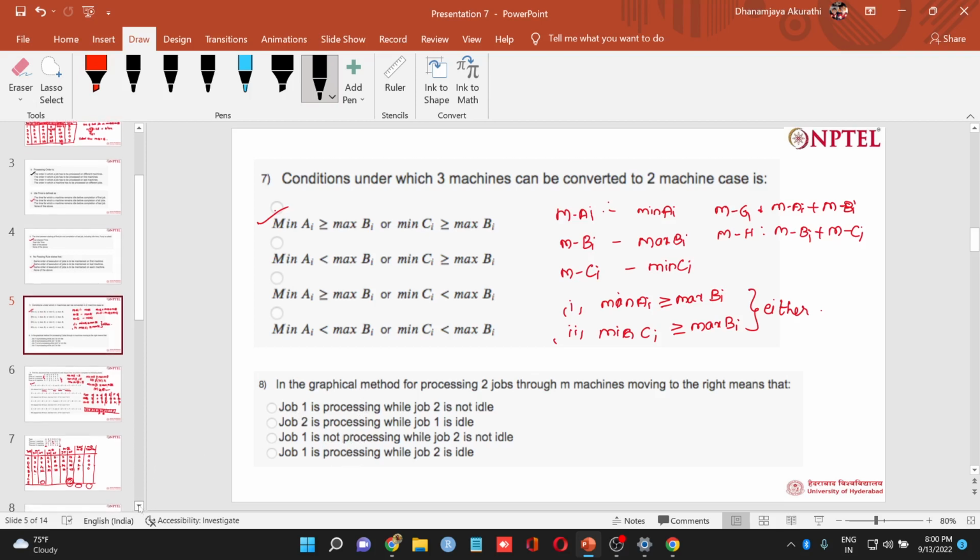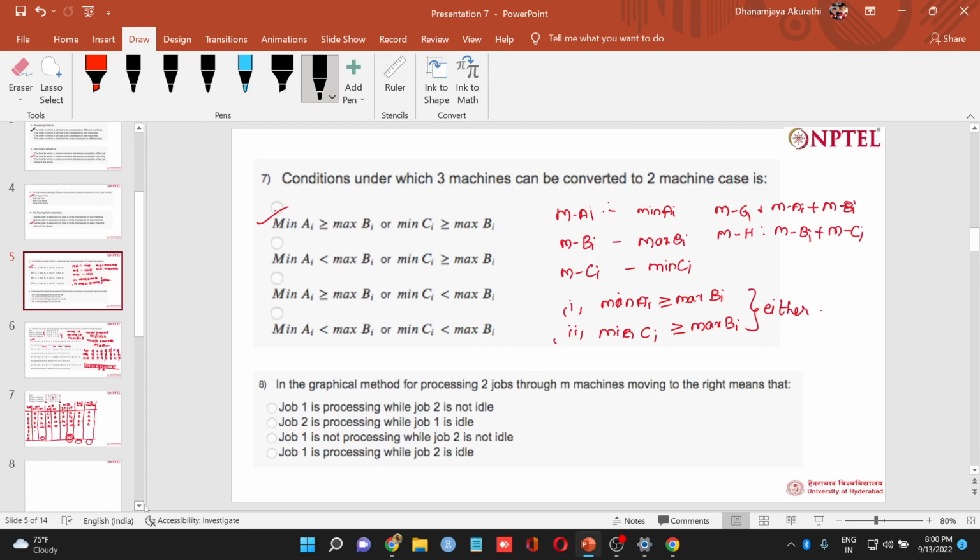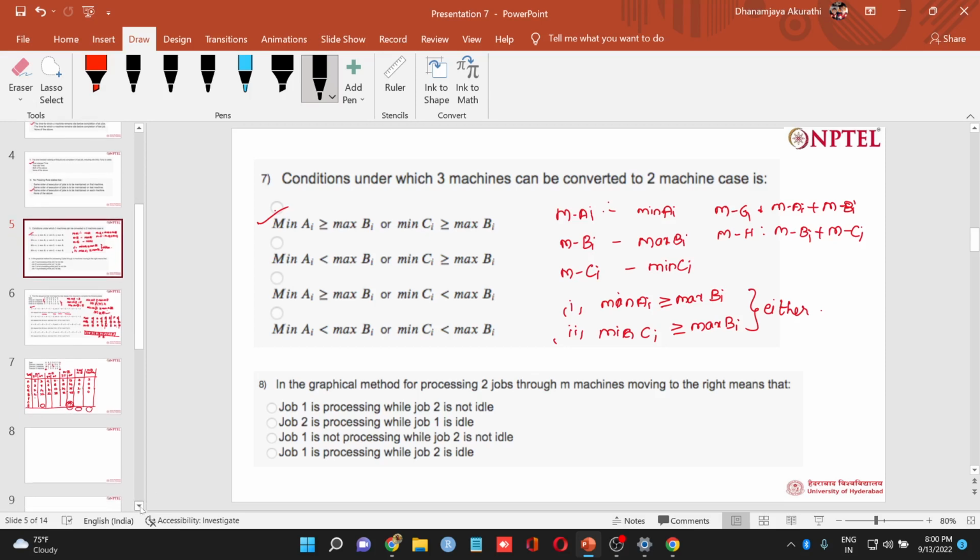Then we will say the maximum time is the optimum time. Yes, which job has the maximum elapsed time, that would be the total minimum elapsed time. Okay, ma'am.